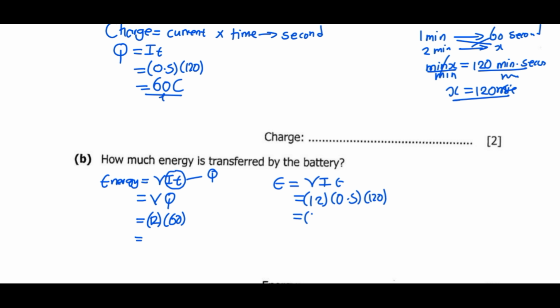So this will still give us a charge. That's why we just have to multiply 12 times 60. So I'm getting 720 joules. So that was the energy transferred. So we still get the same, which is 720 as the energy dissipated.